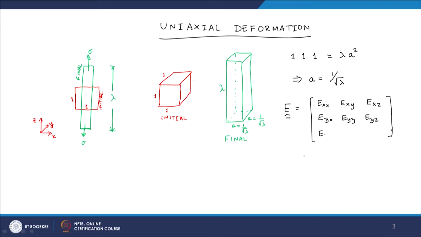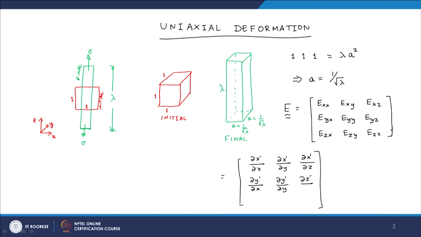It will have 9 components like this, and these components will be given by dou x prime by dou x, dou x prime by dou y, dou x prime by dou z, dou y prime by dou x, dou y prime by dou y, dou y prime by dou z, dou z prime by dou x, dou z prime by dou y, dou z prime by dou z. Okay.